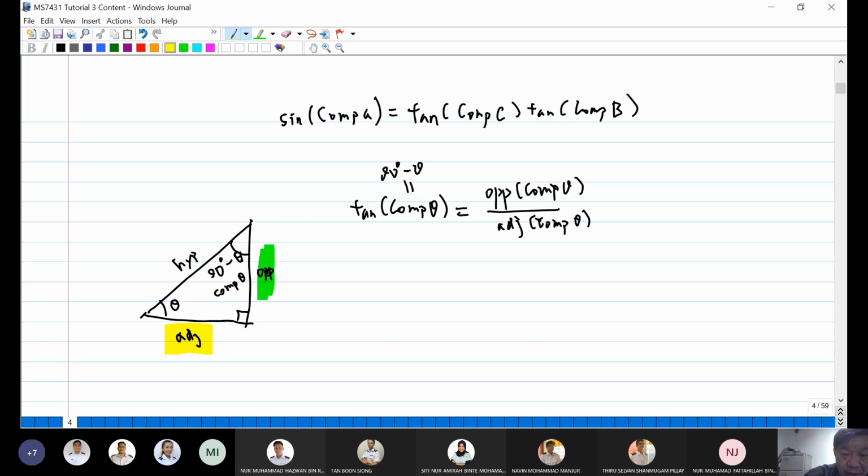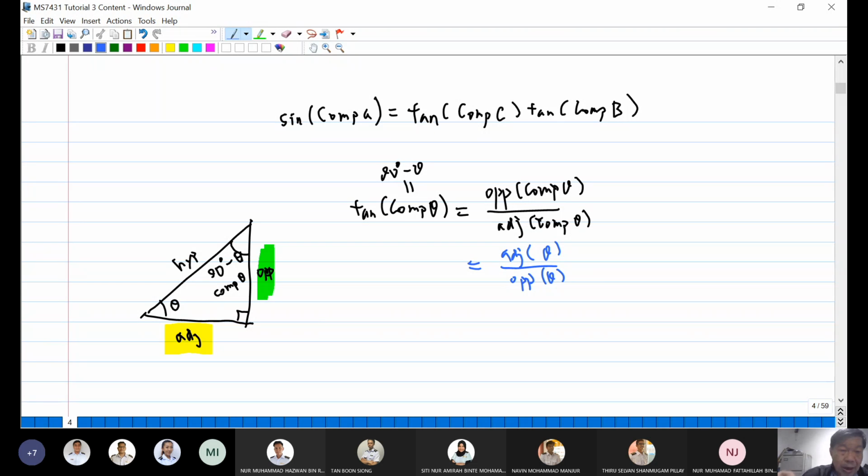So you know that opposite of co-theta is actually adjacent of theta now, and adjacent of co-theta is opposite of theta now.